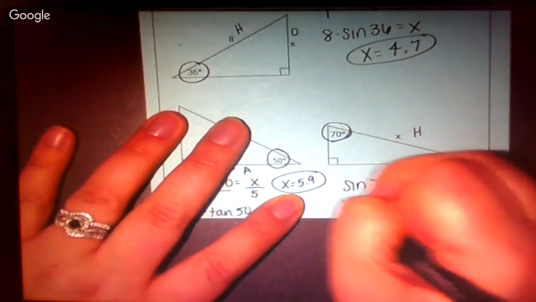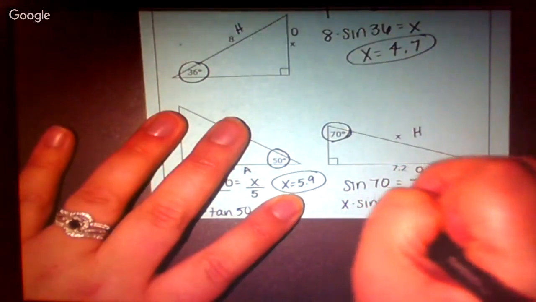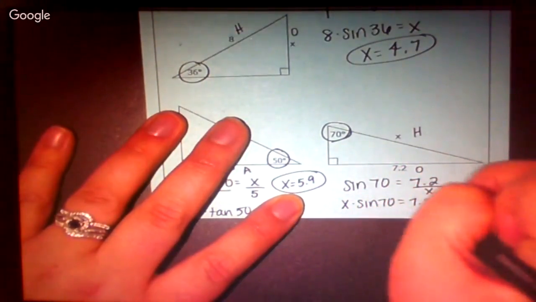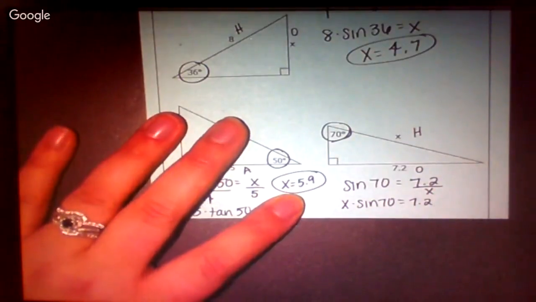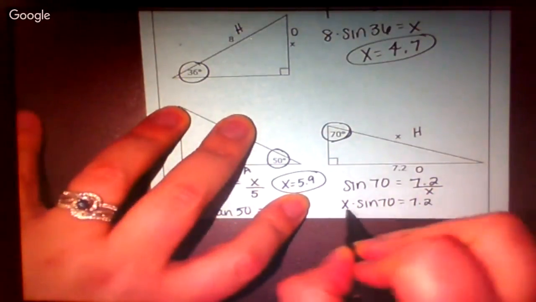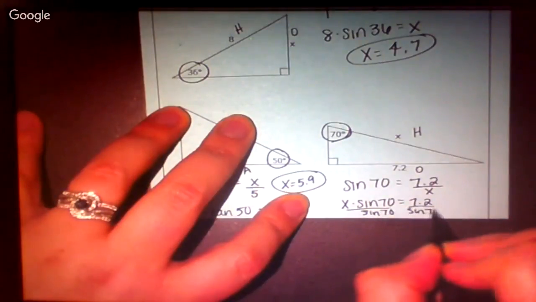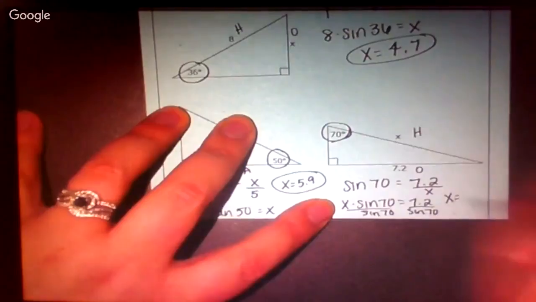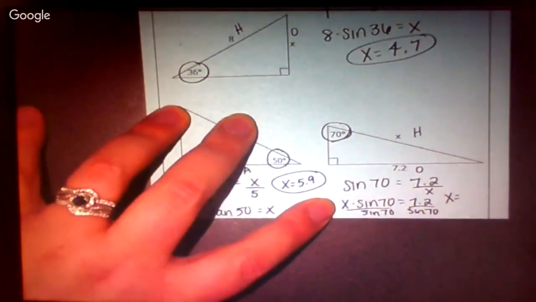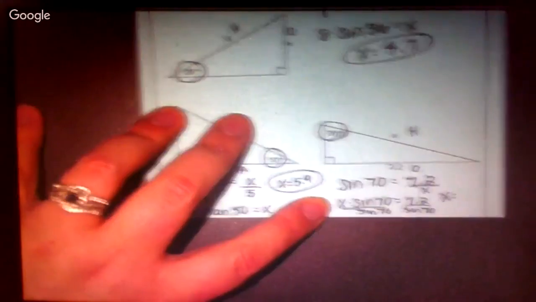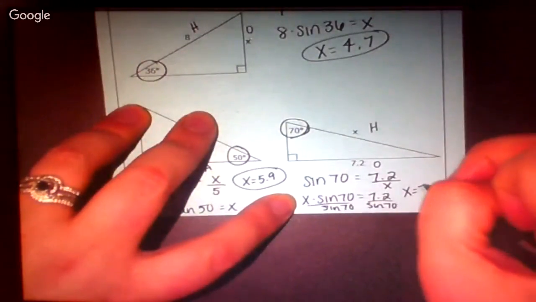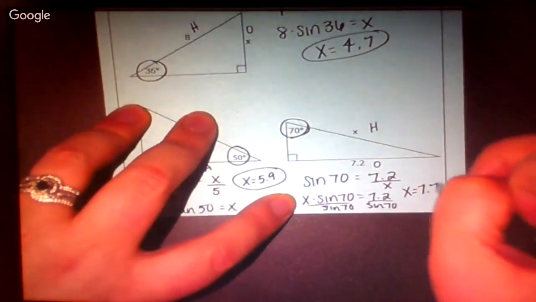So when I cross multiply, I get x times the sine of 70 equals 7.2. So this time I'm going to have to divide. So x equals 7.7.